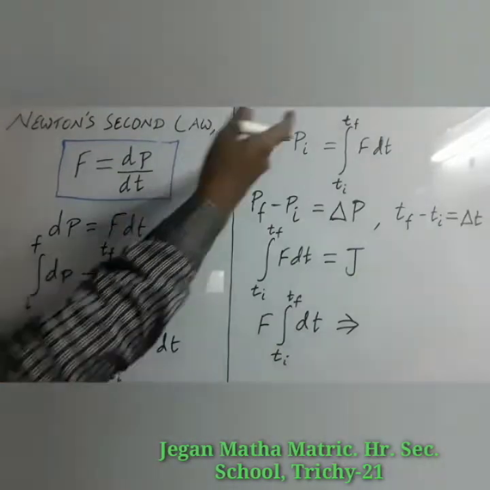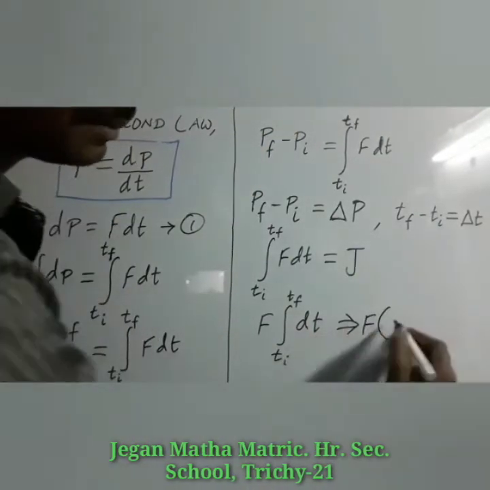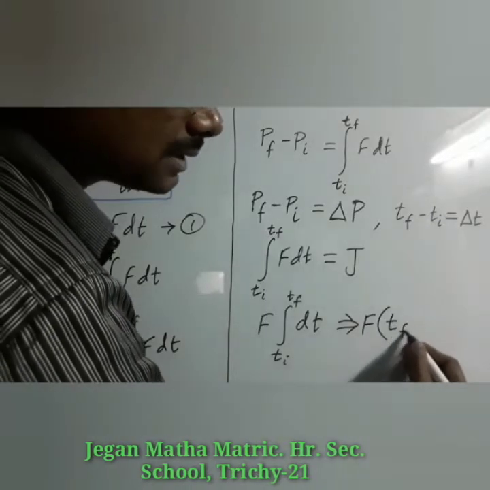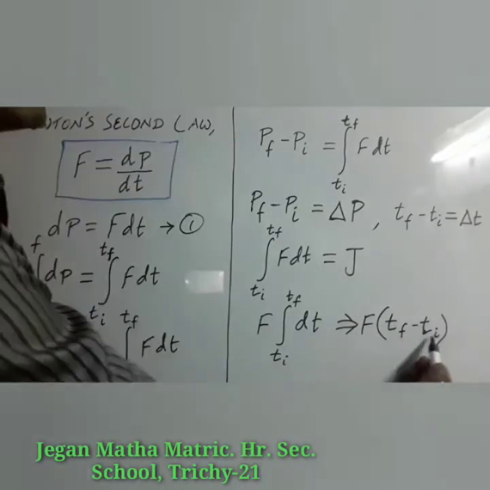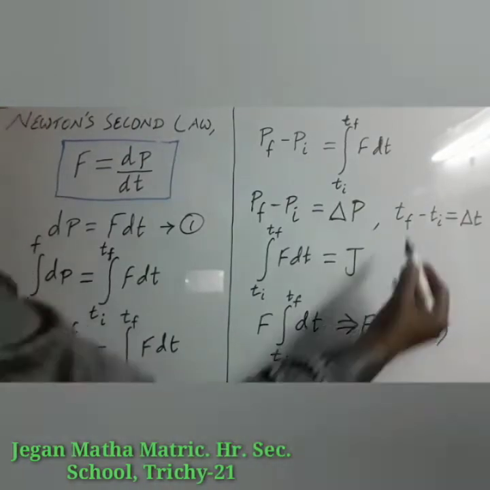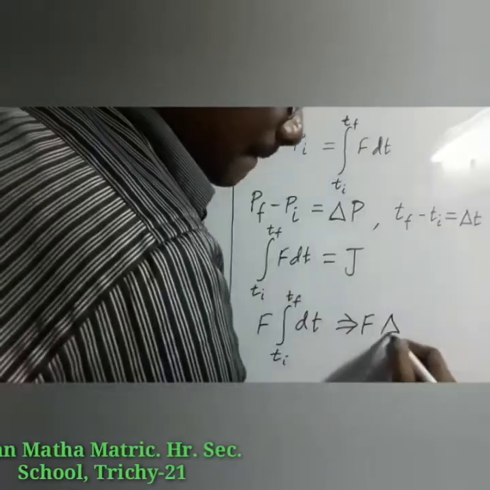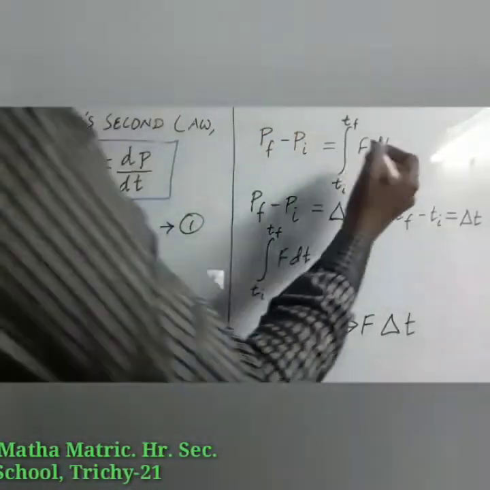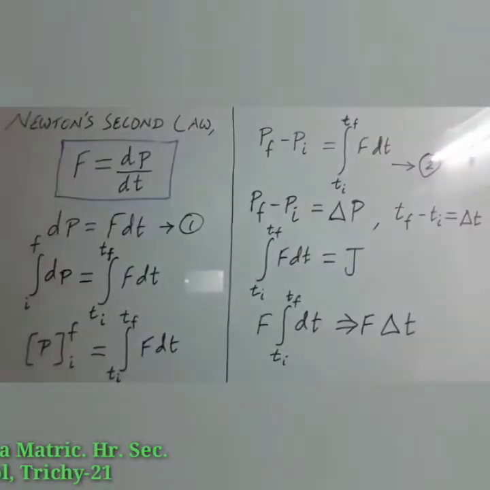So F times the upper limit minus the lower limit. Here you have found the time interval, which is equal to del t. So here you can write del t. For our convenience, let us take this as equation 2.